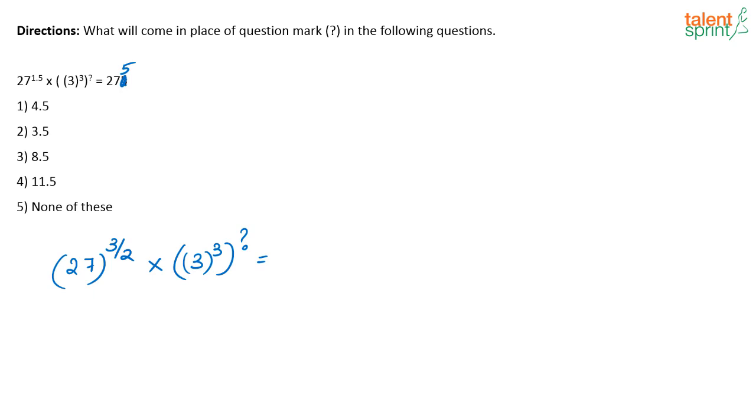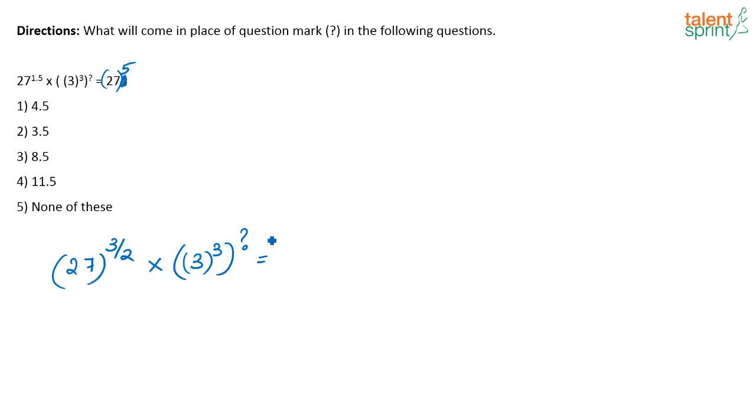I don't think it is 275, it should be 27 to the power 5. If it was 275, the answer would be none of these. Take it as 27 to the power 5 and solve.